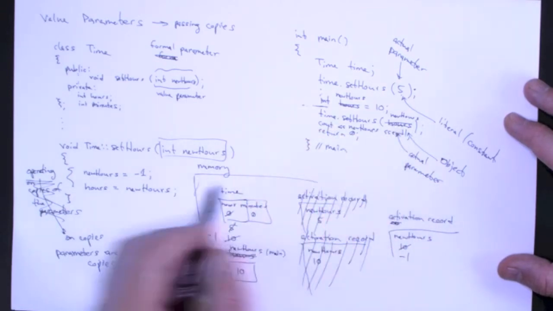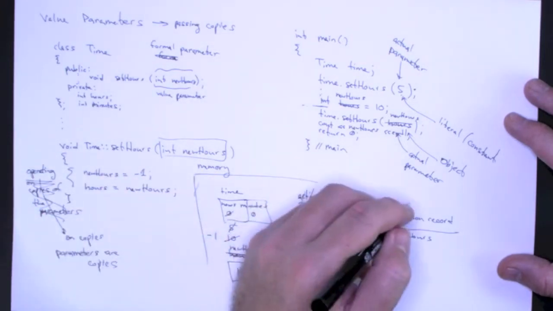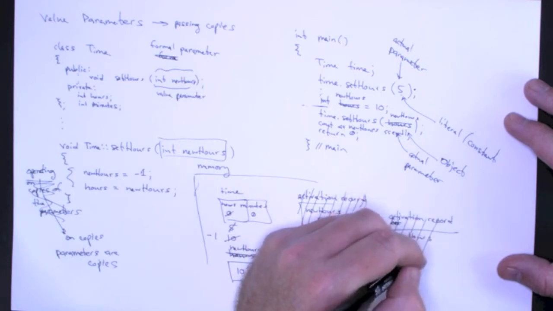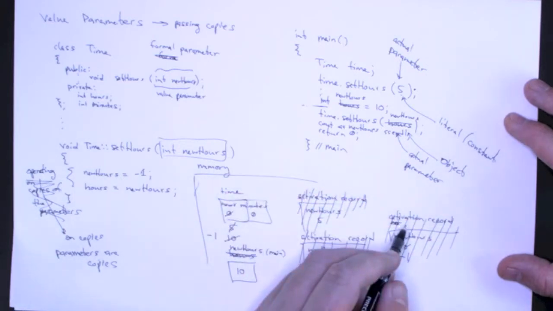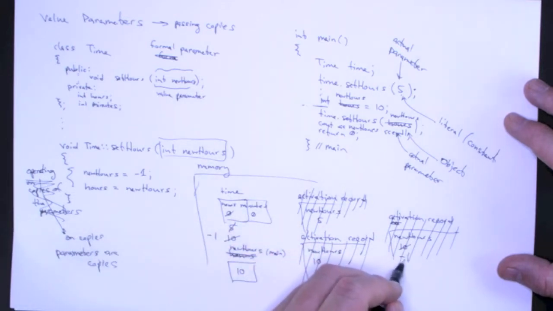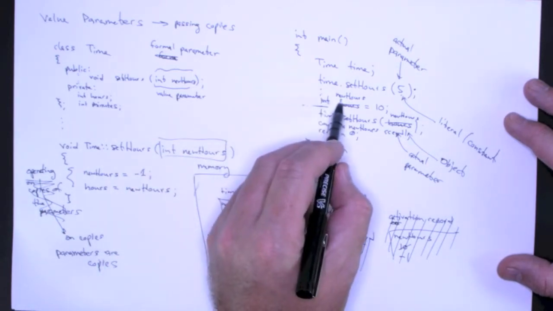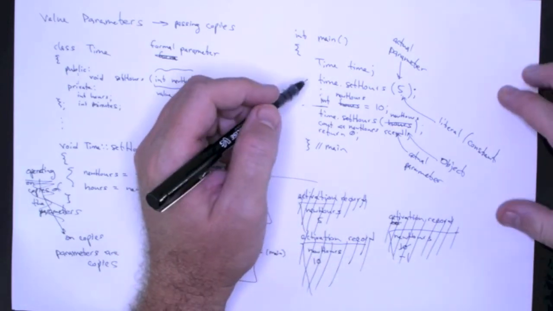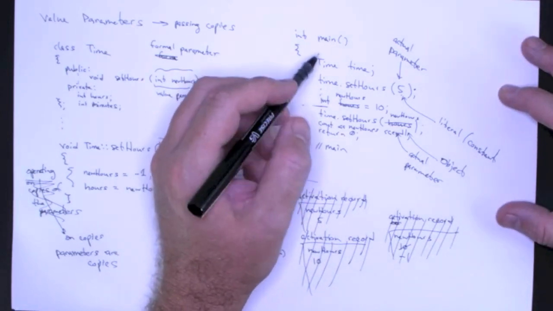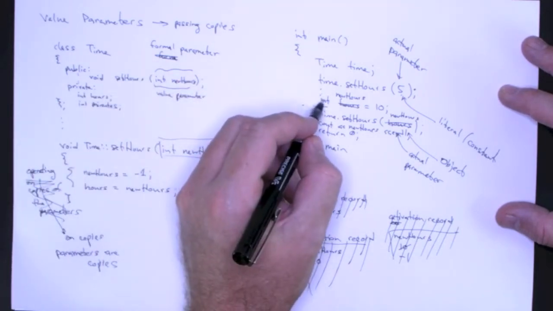And in fact, what happens is when you finish the execution of set hours, its activation record is destroyed. It's deallocated. So that assignment you made to new hours of -1 is gone anyway. So when we return back to main, the only new hours is the one that you declared here, and it has the value 10. So what I would encourage you to do, a little assignment, is code this up, put some cout statements, right?